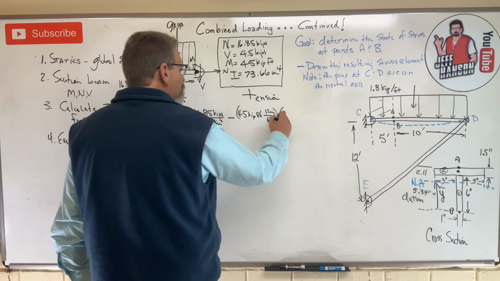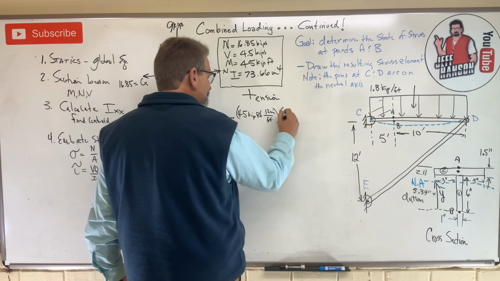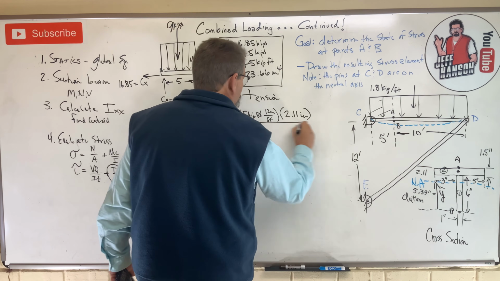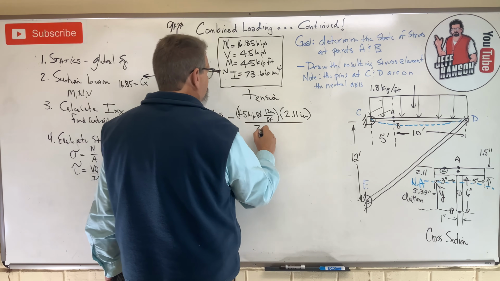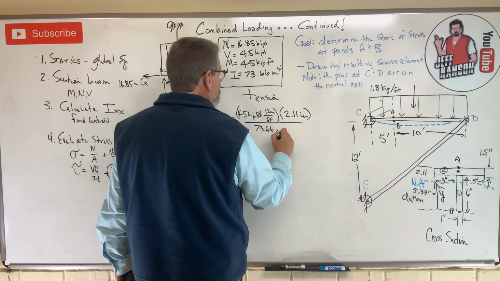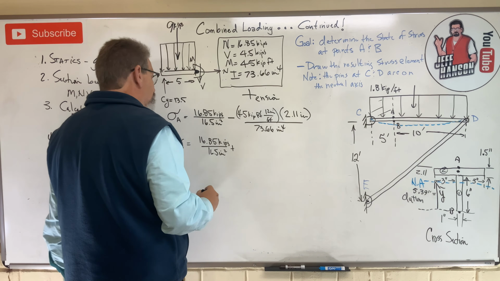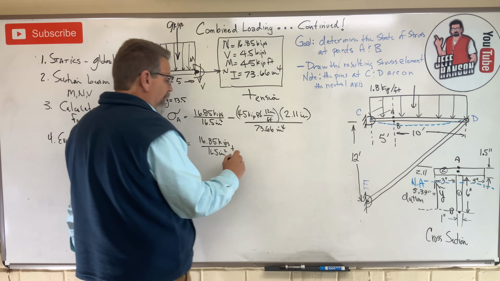Okay? So C, the distance from the neutral axis to the point of interest, which is point A in this case, is 2.11 inches. Divided by I, hey, we just found that, didn't we? 73.66 inches to the fourth. Okay? There's that guy. Now this guy is in tension on the bottom.